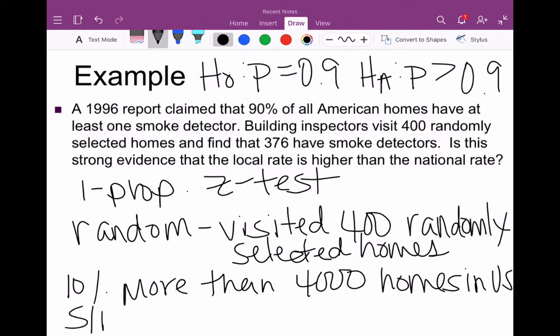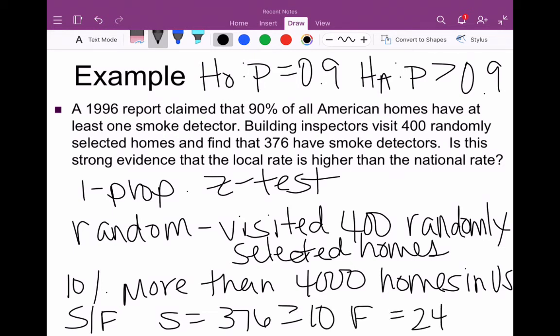And then our success/fail. So our successes is equal to 376, which is greater than or equal to 10, and our failures is equal to 24, which is also greater than or equal to 10. And it's the plausible independence. It is plausible to have each house be independent from the next. So if your neighbor only has one smoke detector, it does not mean that you have to have one.